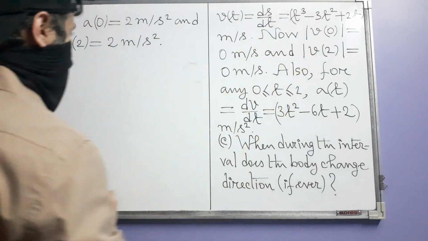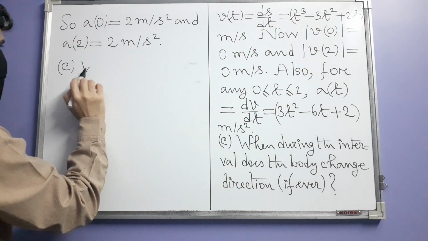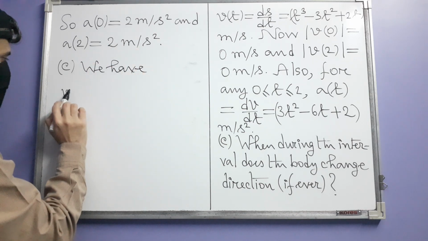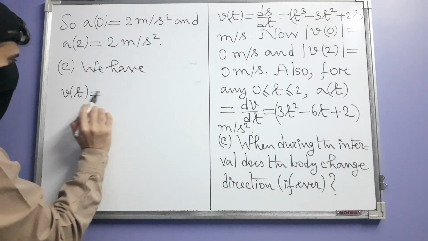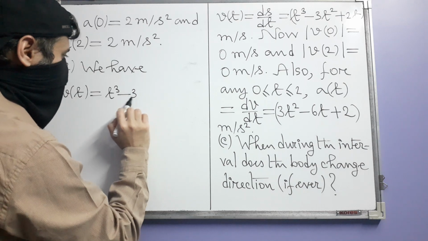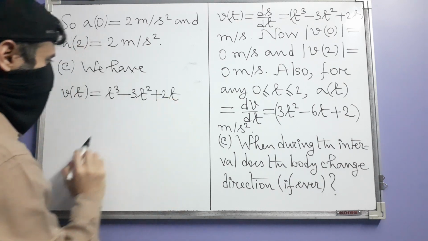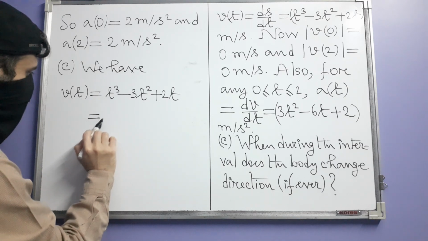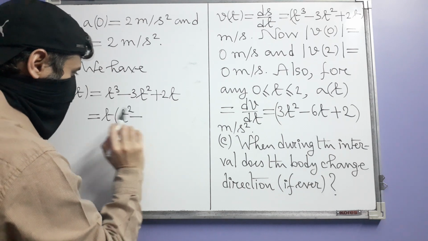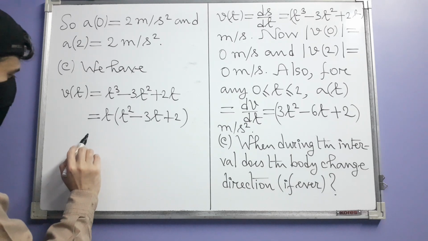We have this function with us. v of t equals t cube minus 3t square plus 2t. So if you take t common out, because t is there in every term, you get t square minus 3t plus 2.